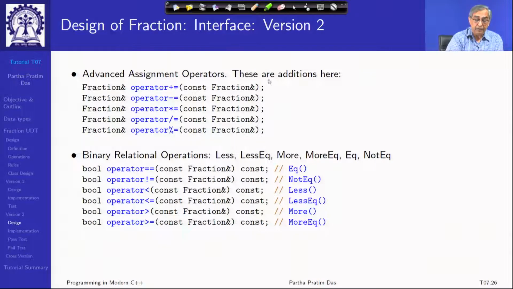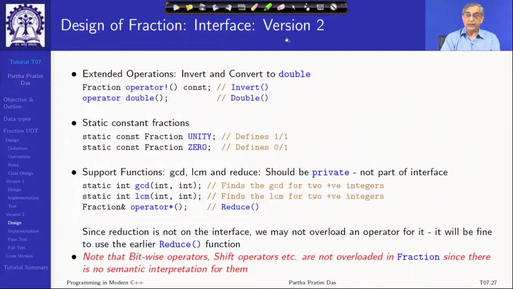Then you do have your advanced operators where you assign x plus equal to y, meaning x assigned x plus y and so on, your relational operators and so on. So, all that I am doing is just replacing the member functions that I have already designed by identifying the proper operator which can be used in this case.